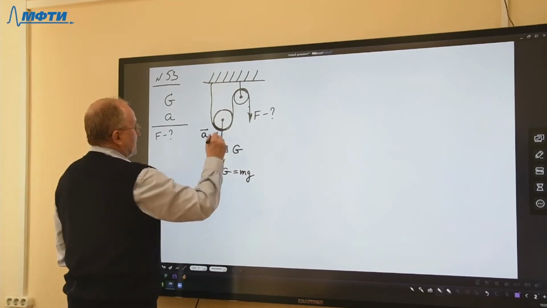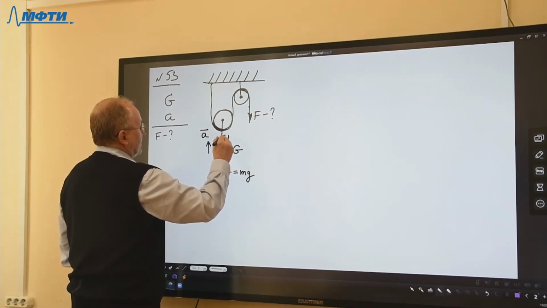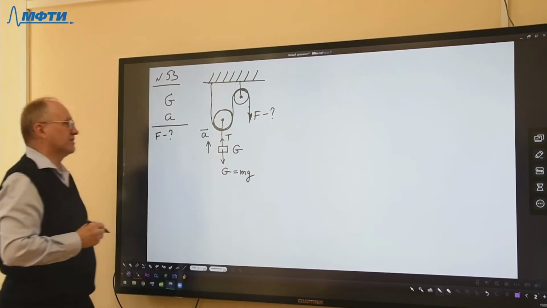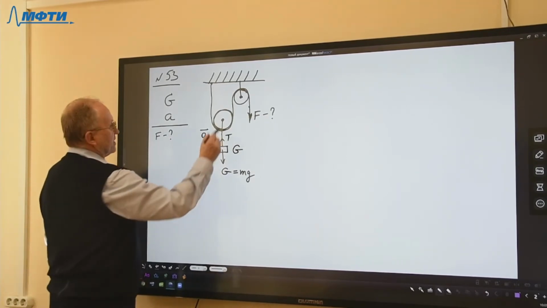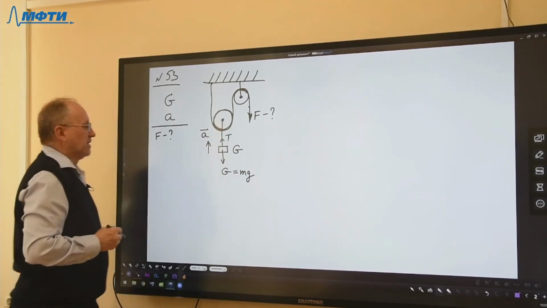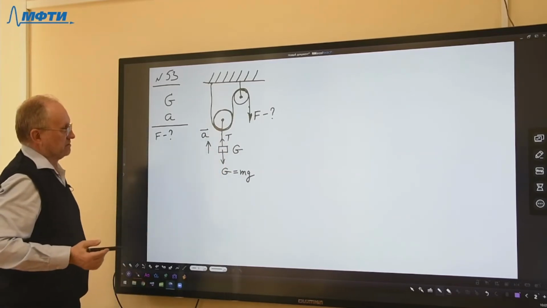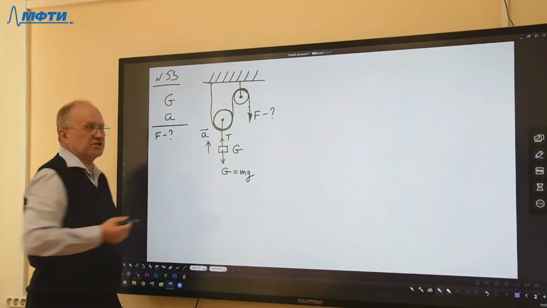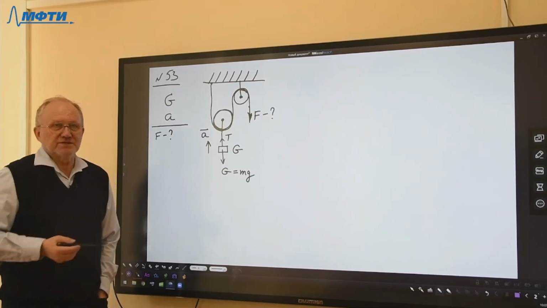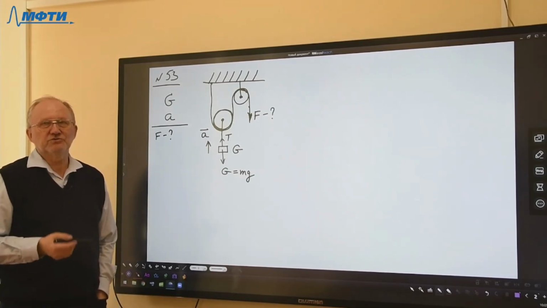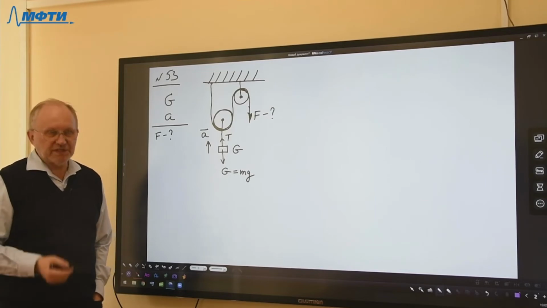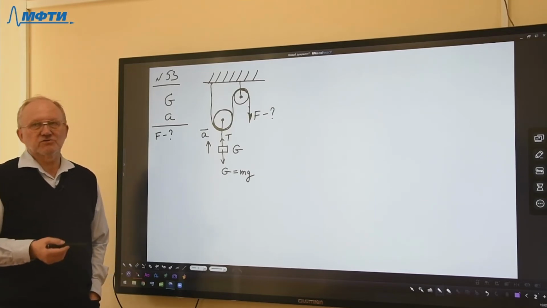And there is another force, let it be T, the force of tension in this string. So this body moves with acceleration. It means that we have to apply the second Newton's law, because the second Newton's law defines the acceleration of the body.